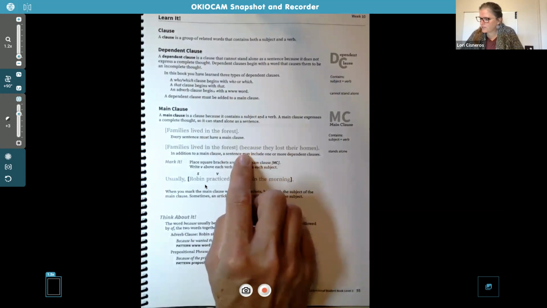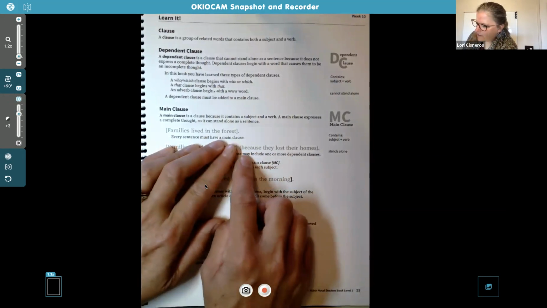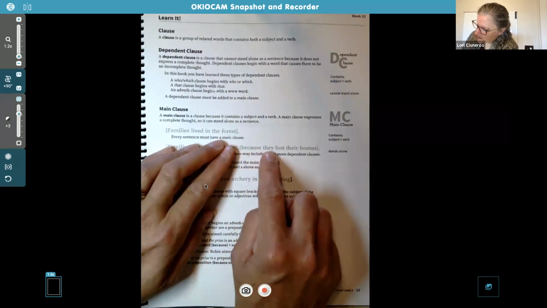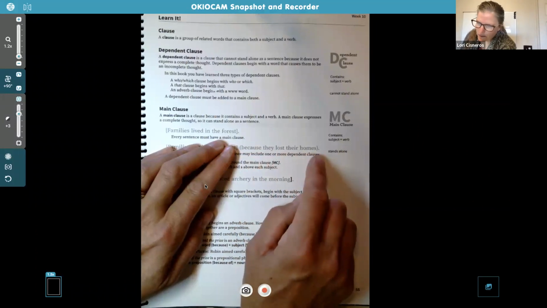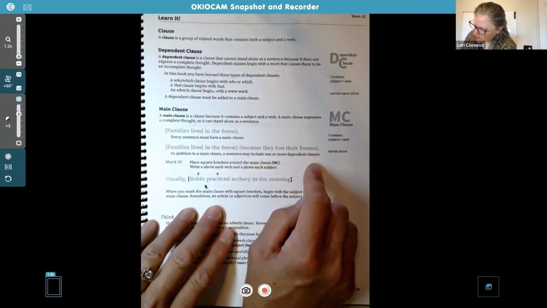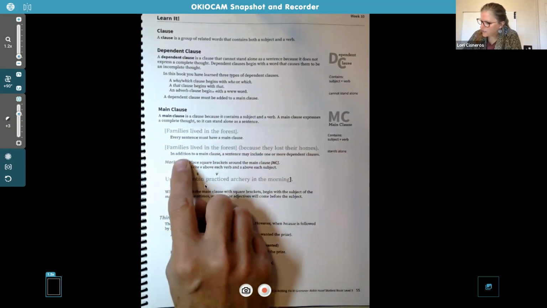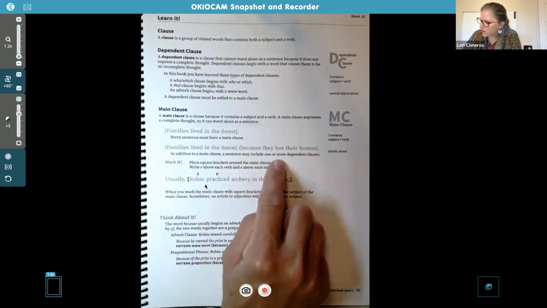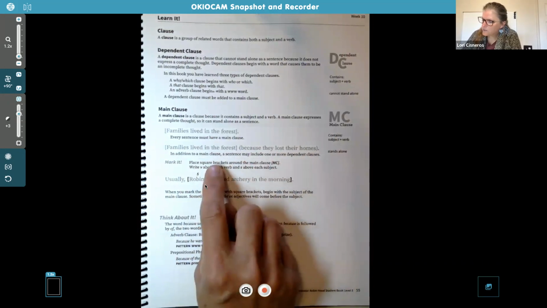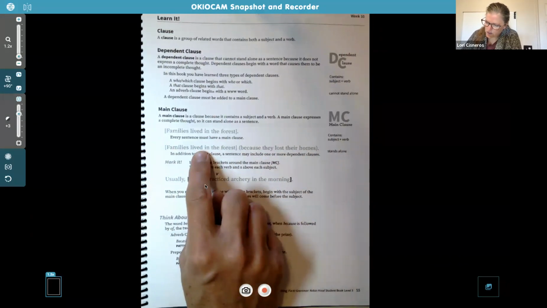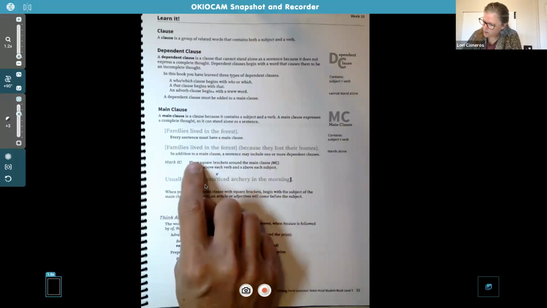It's not a complete sentence by itself. If I take off that main clause, because they lost their home can't stand by itself, right? So the way we mark these, it says, in addition to a main clause, a sentence may include one or more dependent clauses. It's dependent on this part of the sentence in order for it to make sense.